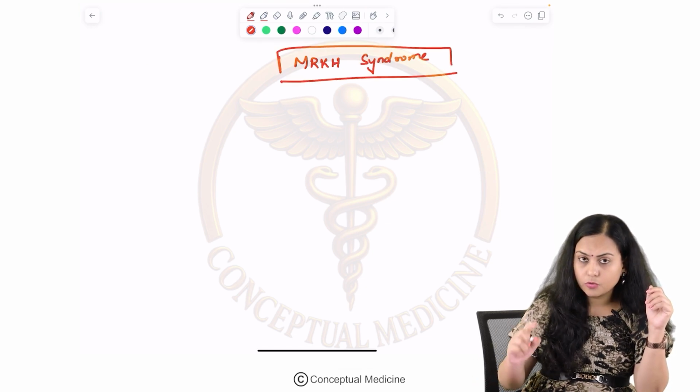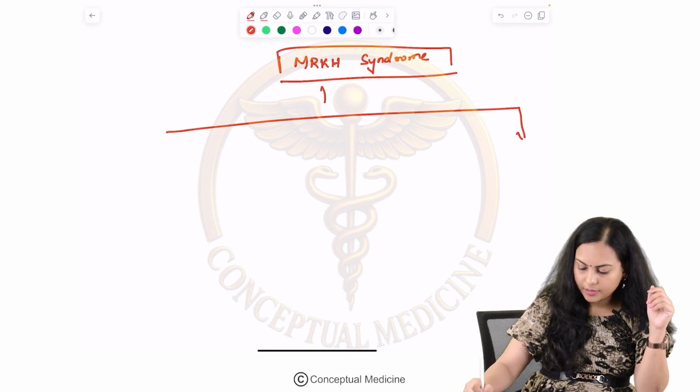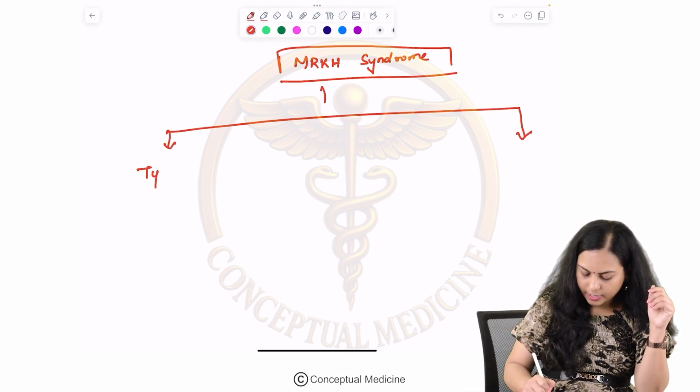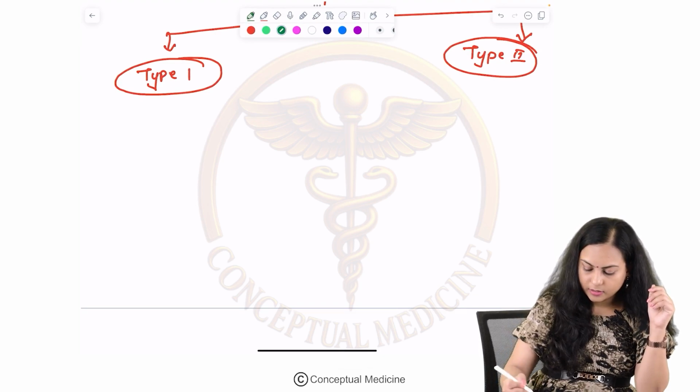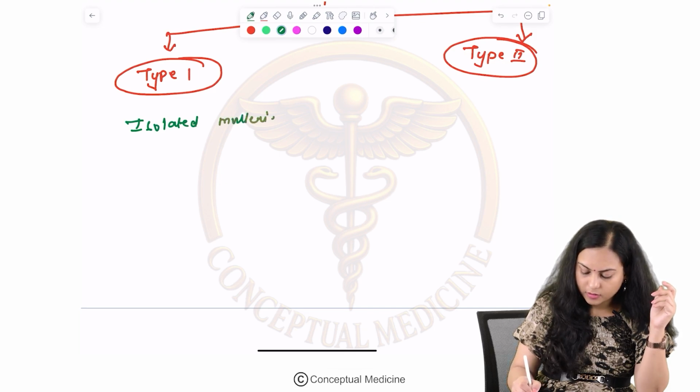Okay. So MRKH syndrome is divided into two types, namely type 1 and type 2. So type 1 consists of only isolated Mullerian anomalies.